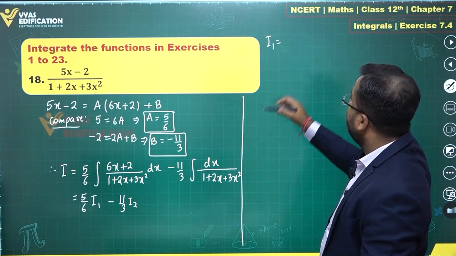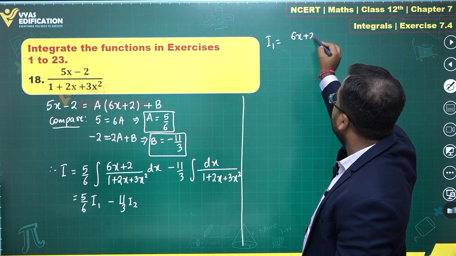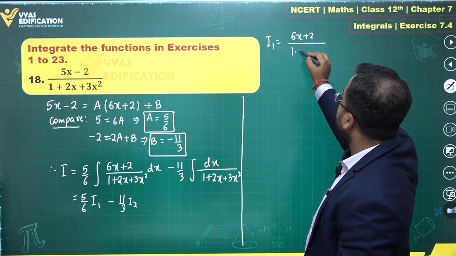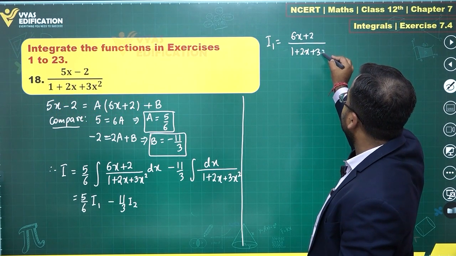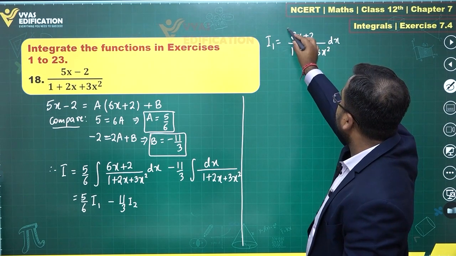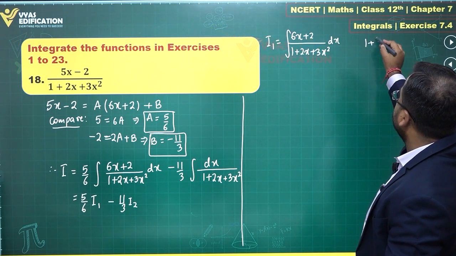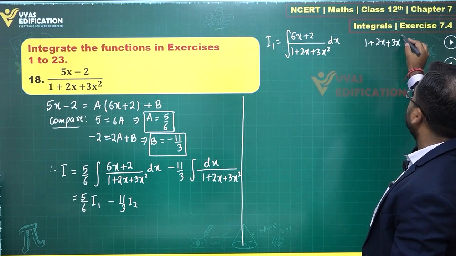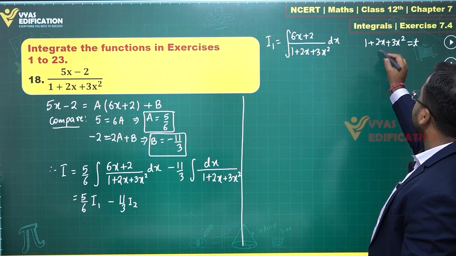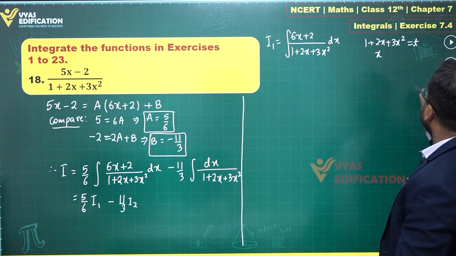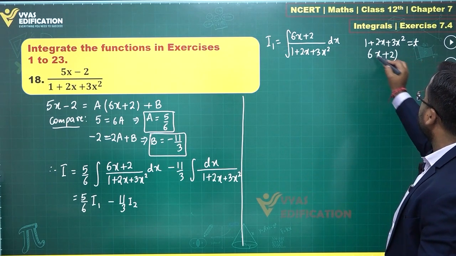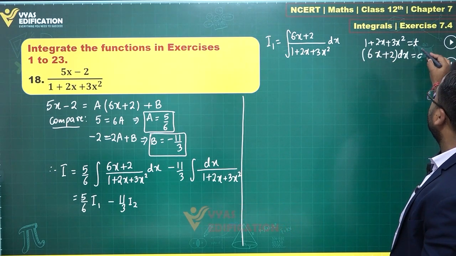This is 6x plus 2 upon 1 plus 2x plus 3x square dx. The important thing over here is that 1 plus 2x plus 3x square can be written as t, and this tells me 6x plus 2 times dx will be equal to dt.